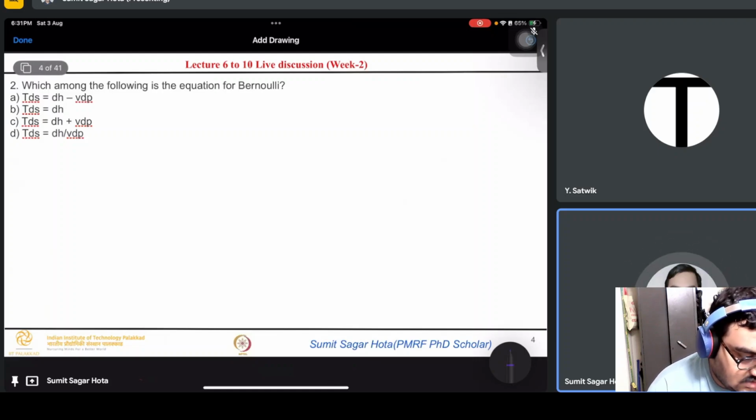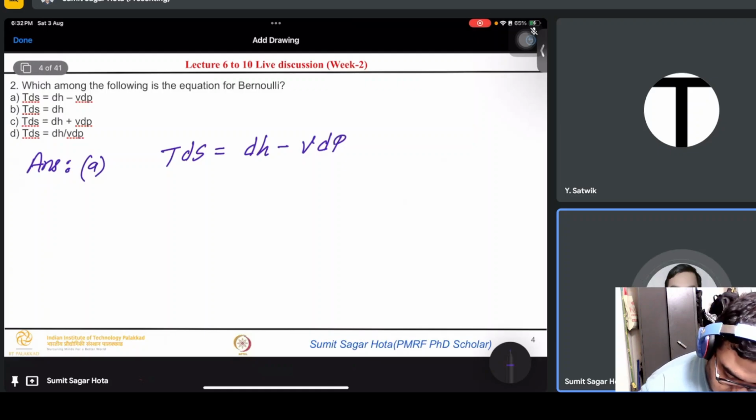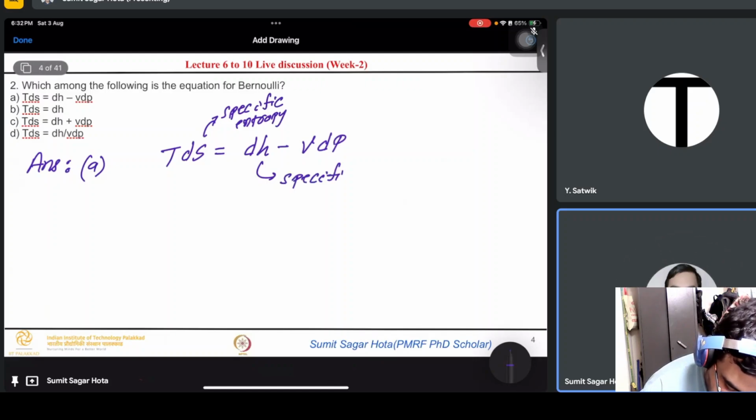Basically, Bernoulli's equation is TdS equal to dH minus VdP, which is option A. Here you should note that these are all specific quantities: this is your specific entropy, this is your specific enthalpy, and this is your specific volume.